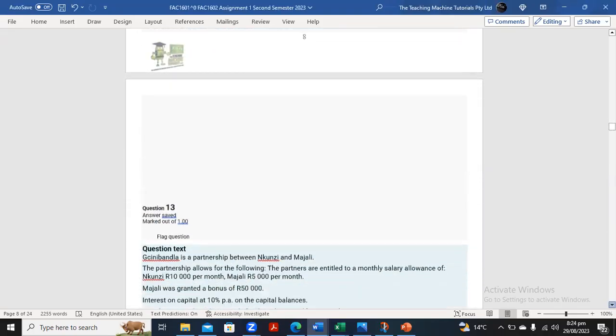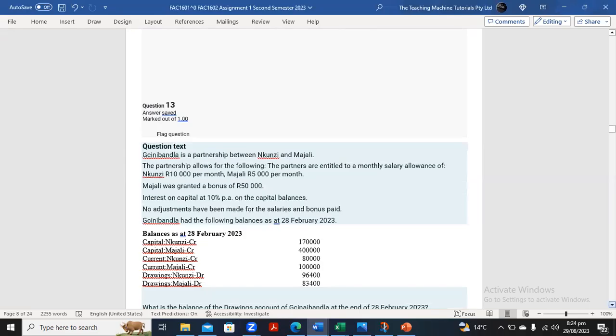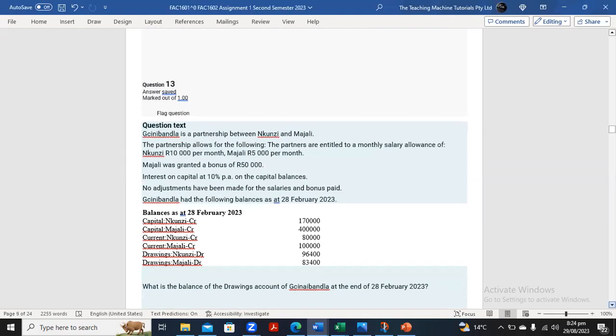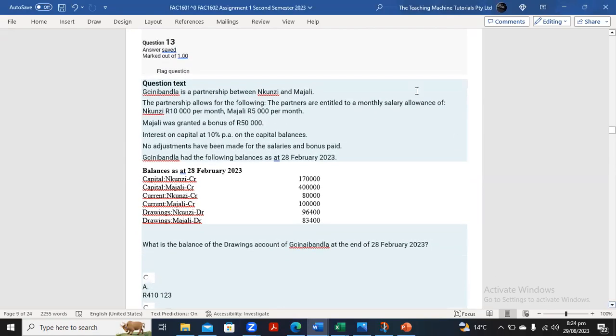Okay, let's look at number 13. What are we required to do? Guys, I'm sure that you have watched the introduction of partnership, because after this, we're going to go straight into the subtopics of partnership: your profit sharing, your liquidation.